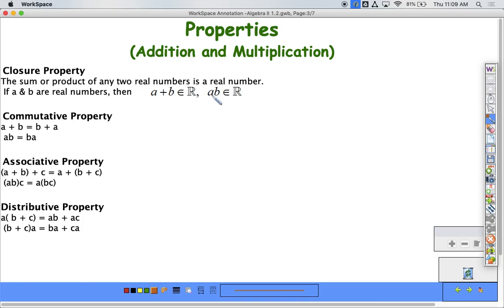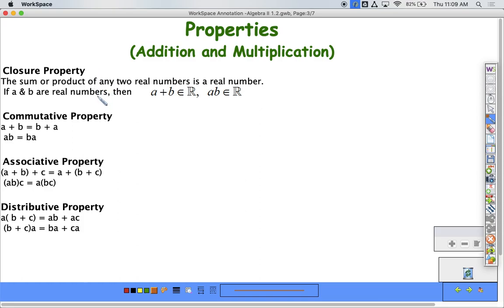If a and b are real numbers and you multiply them, you're going to get a real answer. Essentially, it's saying that if you add two real numbers, you're not going to get an imaginary number. Or multiply two real numbers, you're not going to get an imaginary number. That's all the closure property means. If you do something with two real numbers, they stay real numbers as far as sums and products go.